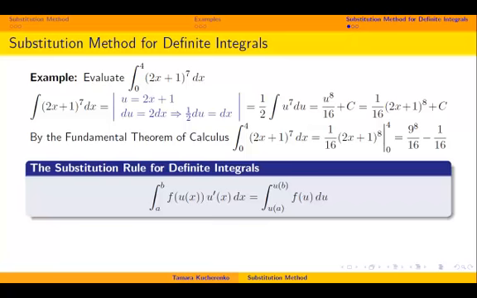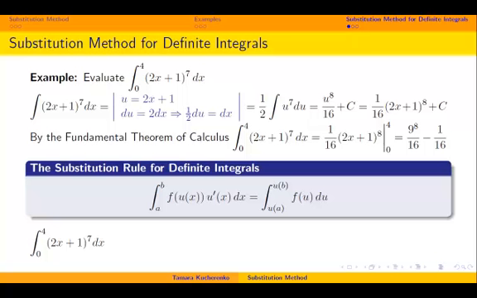Let's evaluate the same integral from 0 to 4 of (2x plus 1) to the 7th dx using the substitution rule for definite integrals. The first step is the same as before.